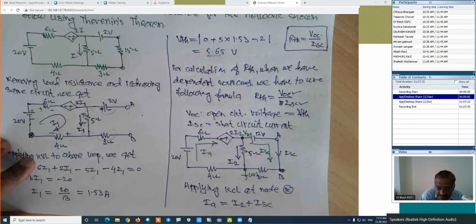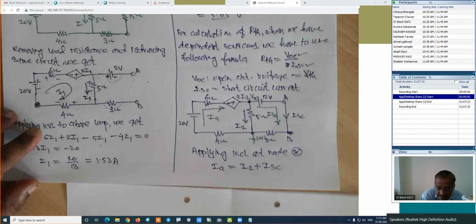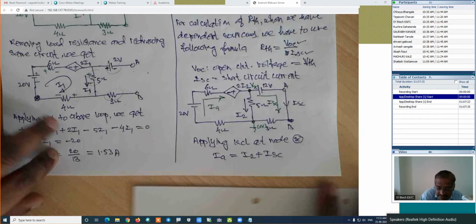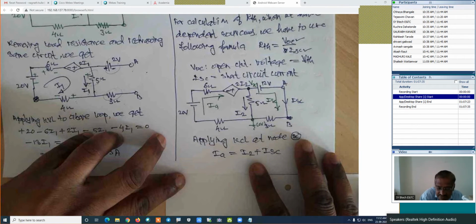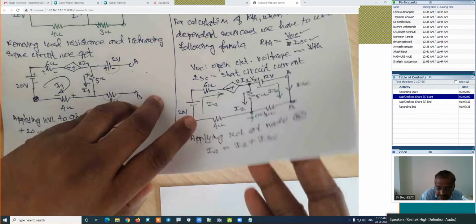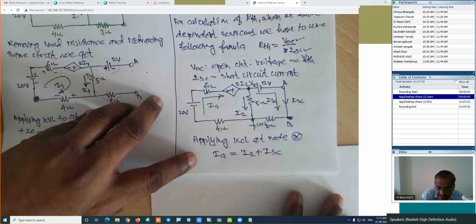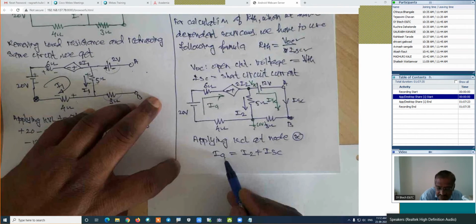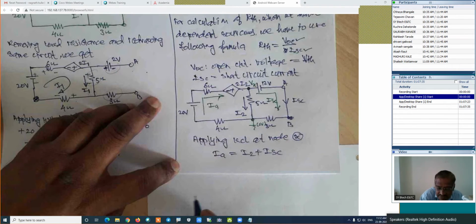Now look at it carefully. How will I use this approach? Now here in this case, I will prepare the values. Now look carefully at these values. This IA is the current in this branch. How much is the value of IA?